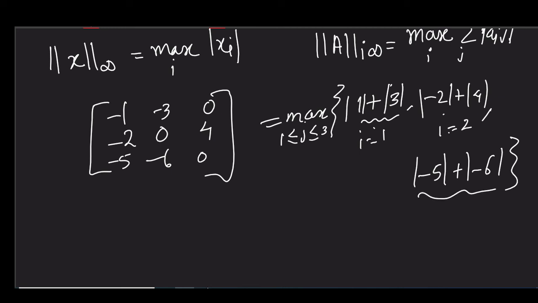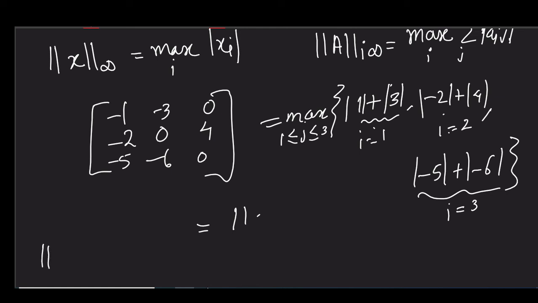This is for i equal to 3. If you evaluate the result, it will give you 11, right? Now you can see that if you change the order, the result remains the same. Now this is your induced norm, the infinity norm of A.